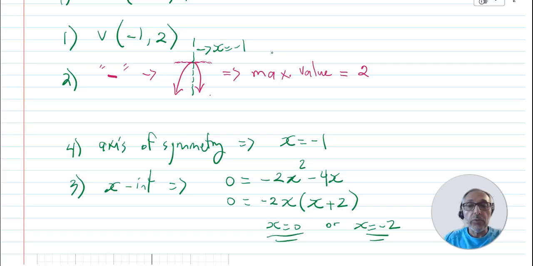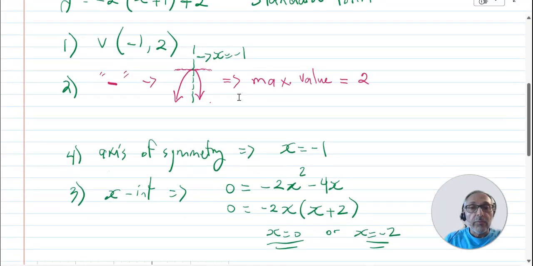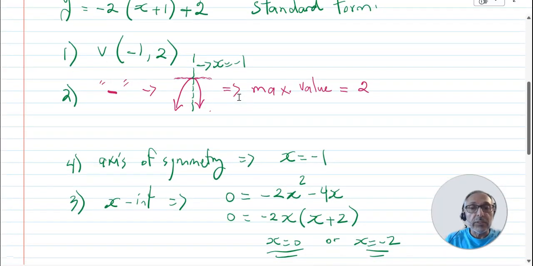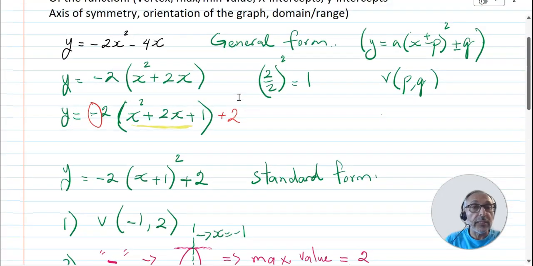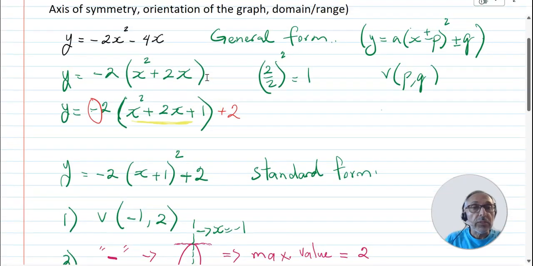Now, what would be your y-intercept? Okay, let's deal with the y-intercept. We have to set x equal to 0 to get the y-intercept. And when you put x equal to 0, you just get 0 squared times -2 minus 4 times 0.